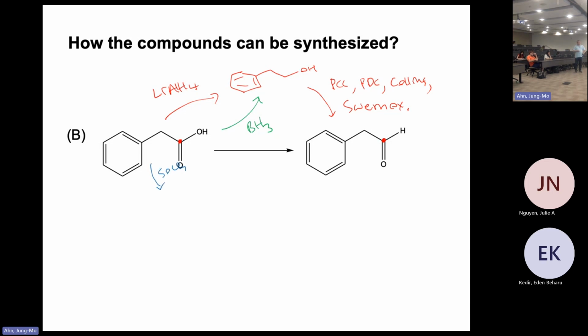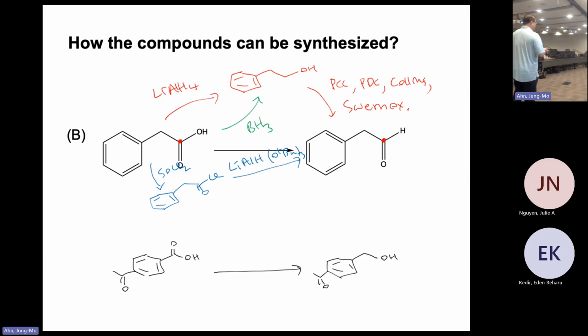Another way is you convert the acid to the acid chloride, then use a very, very weak aluminum hydride, which is lithium tri-tert-butoxy aluminum hydride. That's very special because it's weak, and it only replaces the chlorine of the acid chloride and then only makes an aldehyde. It doesn't even react with the aldehyde. So it's really good.